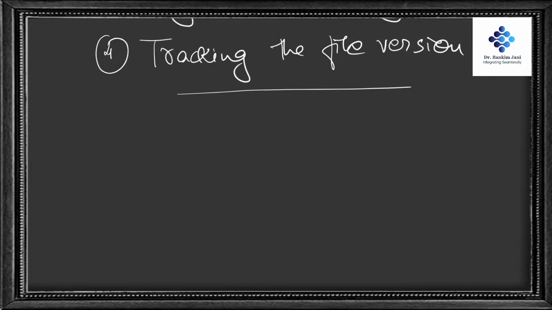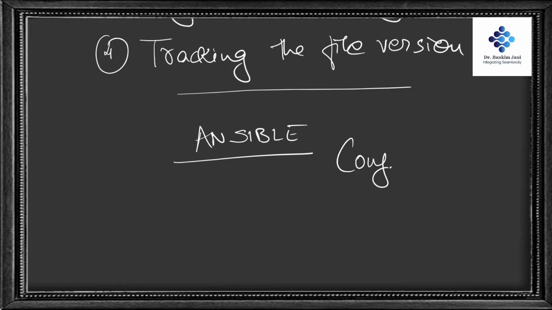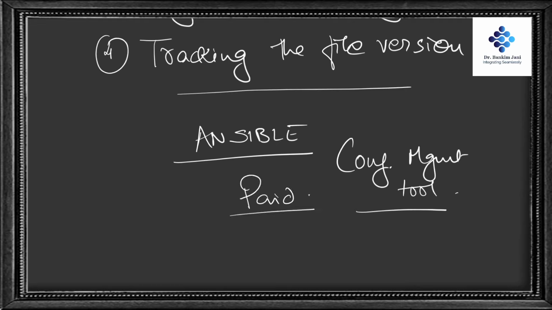So when we said that yes, it is Ansible, which is a configuration management tool or network management tool, so when we say it is a configuration management tool for networks, there is a paid version, because none of them are free.